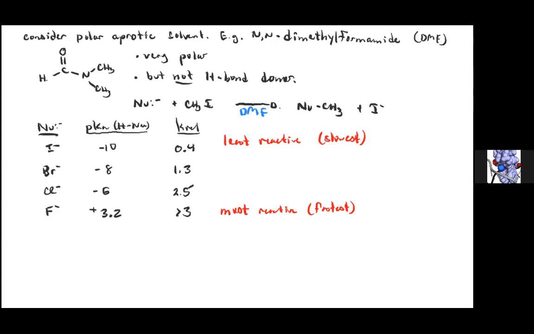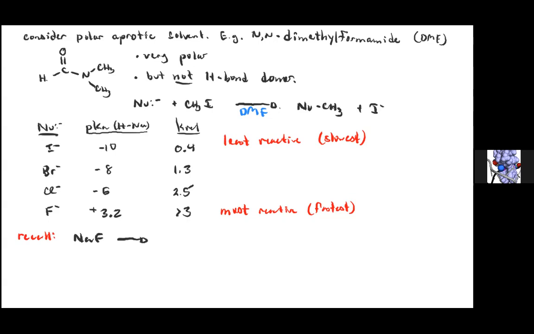If you remember, and I encourage you to go back to the earlier lectures when we discussed solvent, when you put some sort of salt into a polar aprotic solvent, the cation gets strongly solvated, but the anion doesn't have as many intermolecular interactions.